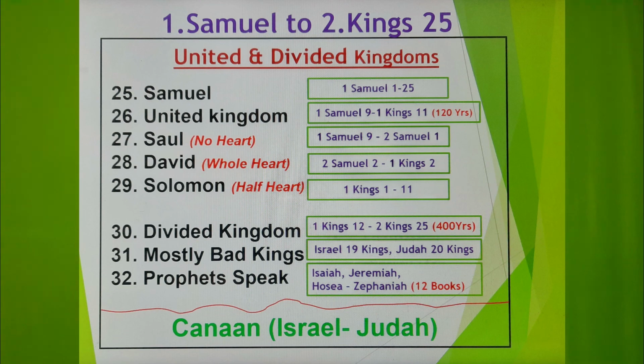From the divided kingdom period onwards, the prophetical books start, because of mostly bad kings, and God is sending his prophets for repentance. The king should repent. So during a 400-year period of mostly bad kings, prophets started speaking. What are they saying? Come back to God, otherwise God is going to punish you, or judge you.